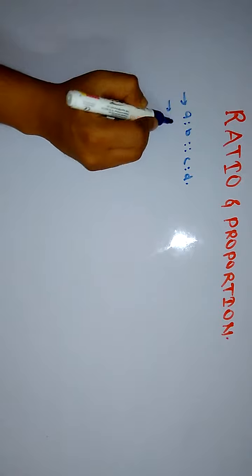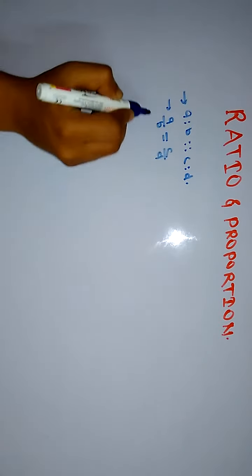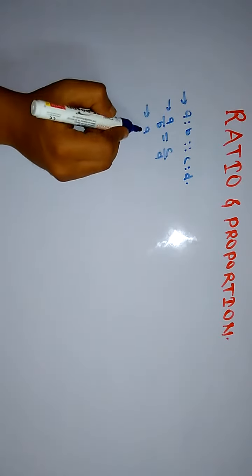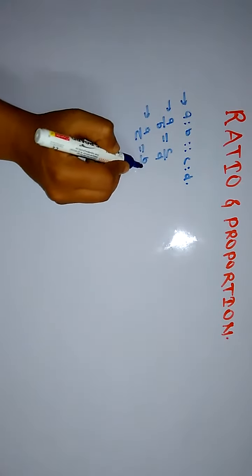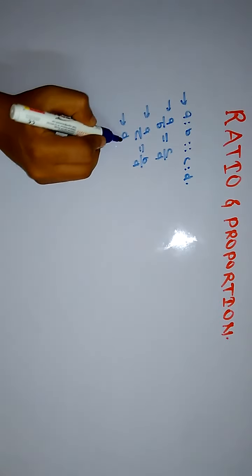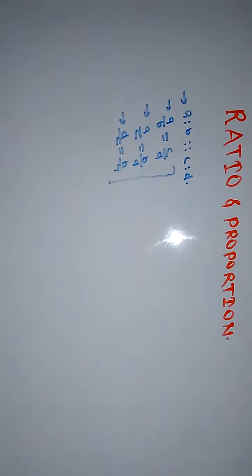So I can write A by B equals C by D. By interchanging, I can also write A by C equals B by D. I can also write D by C equals B by A. These are just interchanges, nothing more.